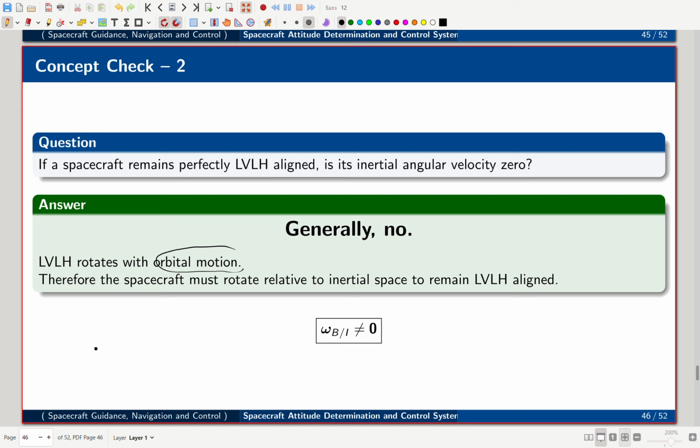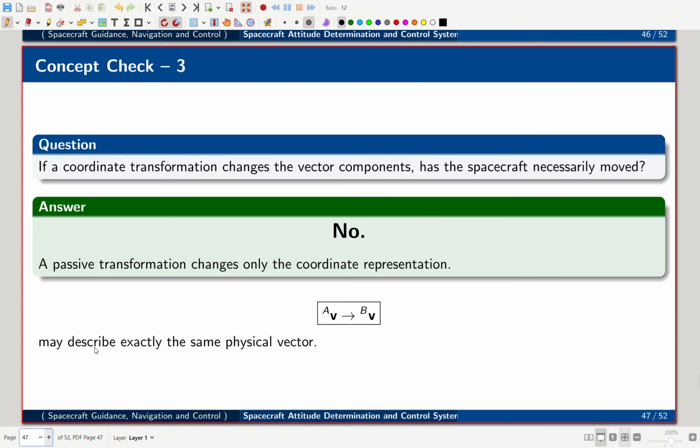So the spacecraft must rotate relative to inertial space to remain aligned. Because it is not aligned with the inertial frame, an inertial angular velocity will be there.